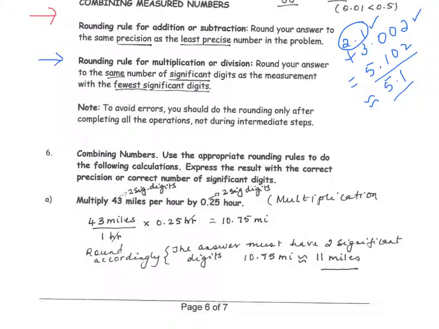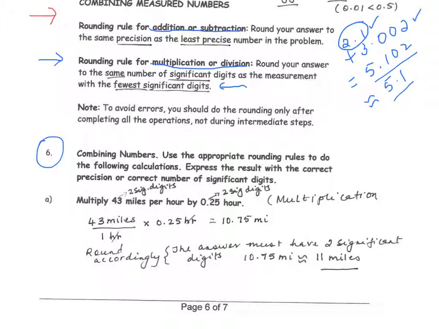So our final answer will be rounded to the fewest significant digits in all the numbers that are involved in the calculation. So these are the rules. Let's look at problem 6. It says use the appropriate rounding rules to do the calculations. So remember, there are 2 rounding rules, one for addition and subtraction and another for multiplication and division.